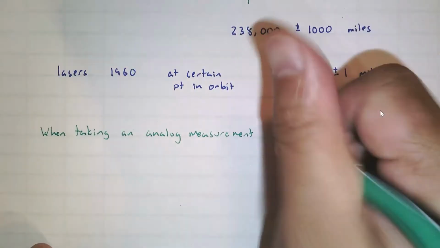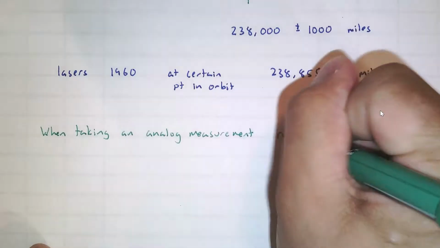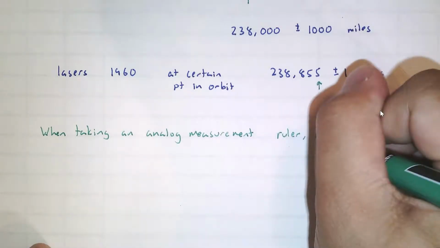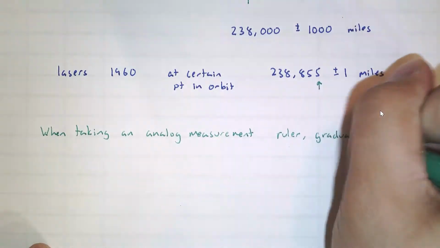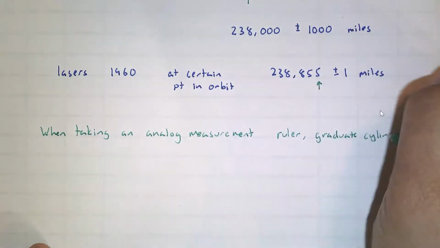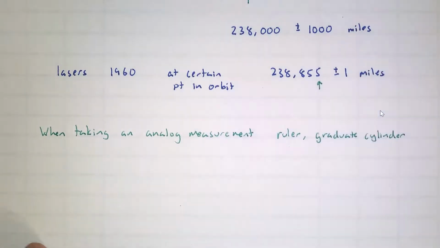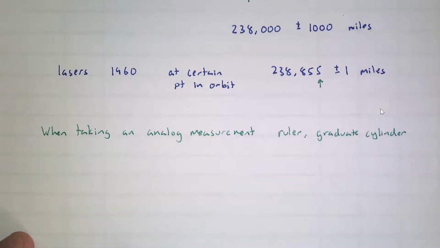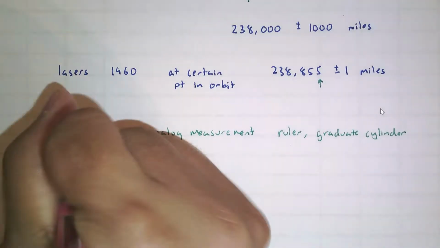If you use a ruler, if you use a graduated cylinder, every digit should be certain except for the last one. And so that's a phrase that maybe you can memorize.